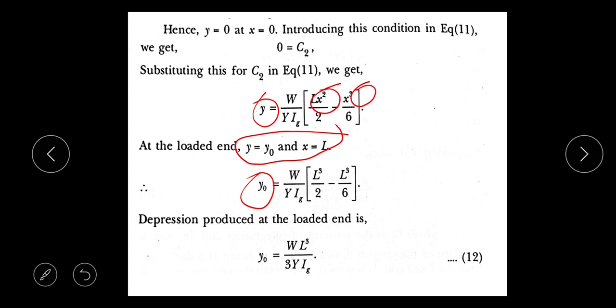So the depression produced at the loaded end, when simplified, we get y naught is equal to WL cube divided by 3 Y Ig, where W is the load, L is the length of the cantilever, Y is Young's modulus, and Ig is the moment of inertia.